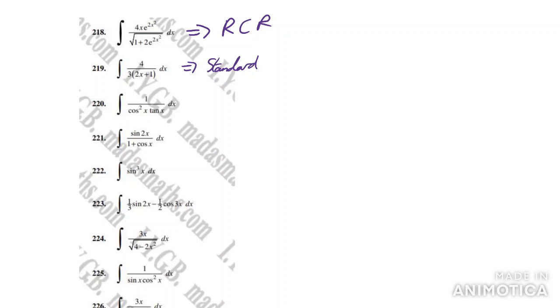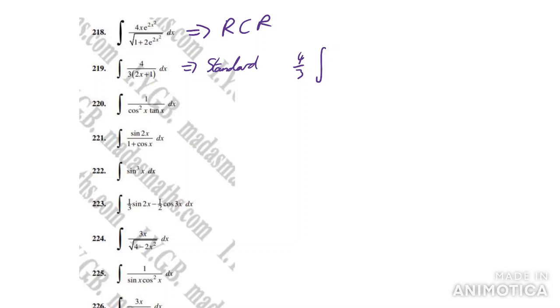Just as a quick point on how I do these kind of integrals to make sure I don't get the coefficients wrong once I've integrated, I like to take the 4 over 3 out. And I also like to take a 2 out from the bottom. So this is 4 over 3 of 1 over 2x plus 1.